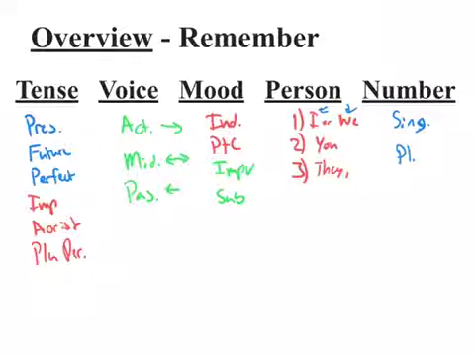Singular or plural. Singular would be I and plural would be we. Singular would be you, plural would be you. And singular would be he, she, it. Greek likes that too. It would all depend on the context, which we're about to find an example of soon. So we're going to begin by looking at the subjunctive mood.